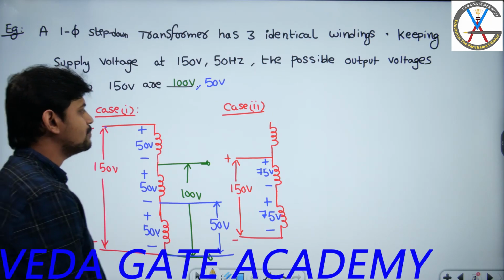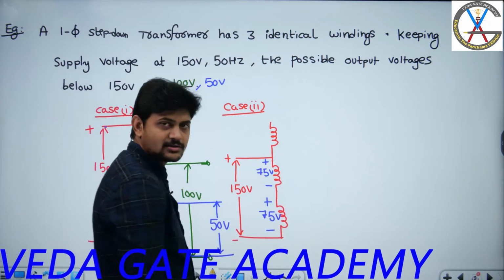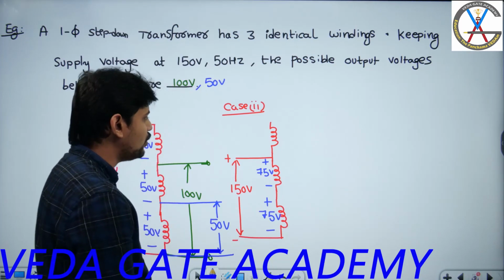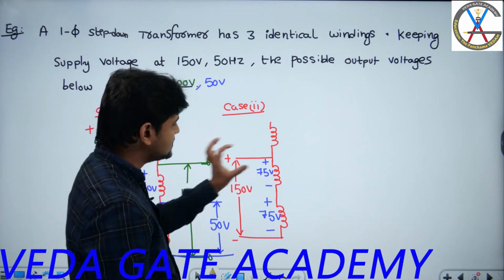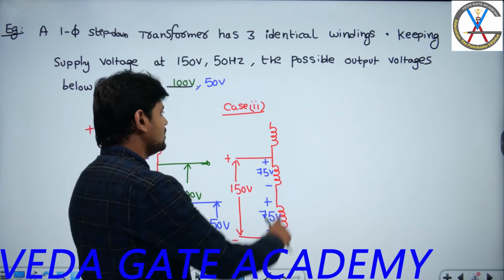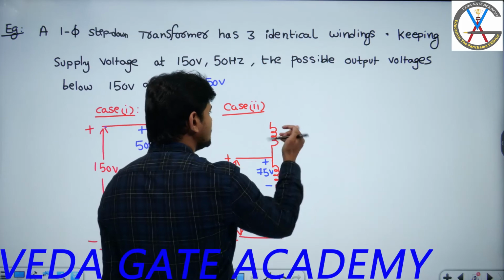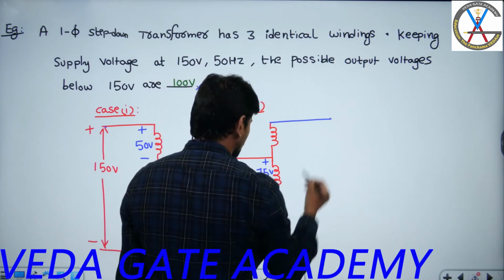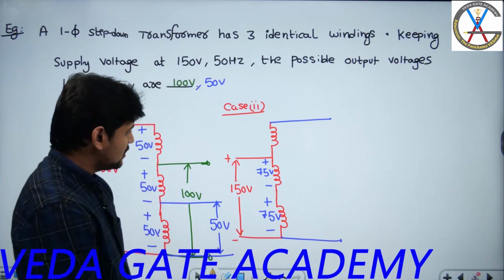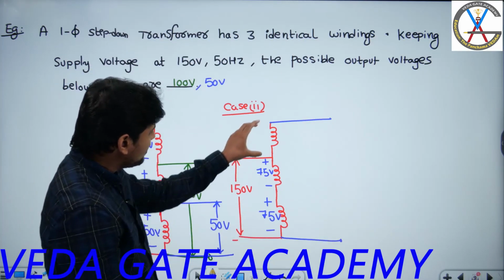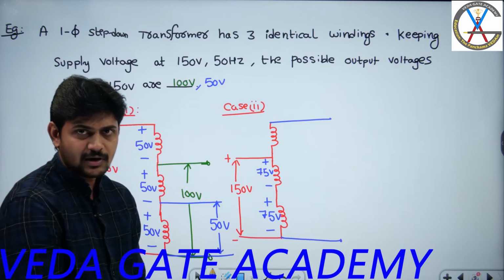I may connect output across the other side, right? So where can I connect the output? Before that, suppose this is the induced voltage, 75 volts, on the primary side. Let us try to see the possibilities later for connecting a load across these three terminals. If I am connecting, can you tell me how much voltage will be induced across this winding?